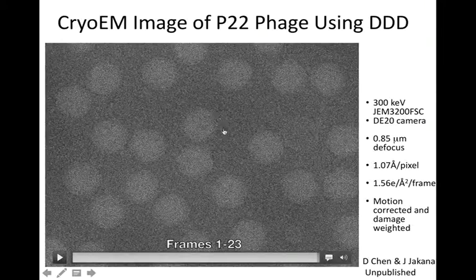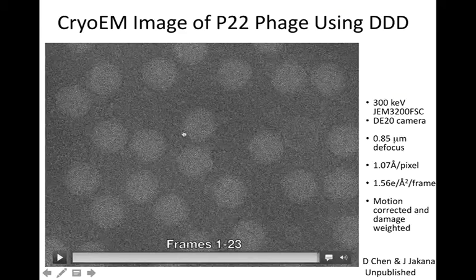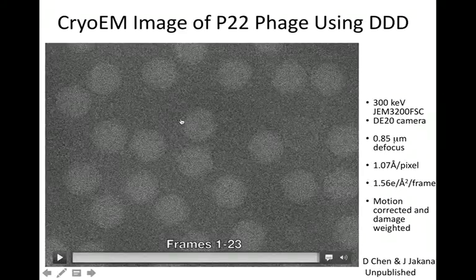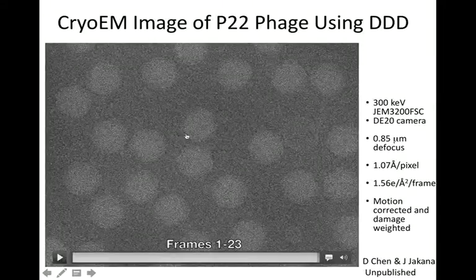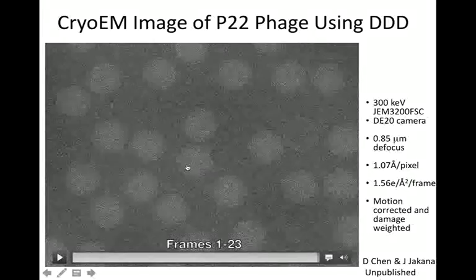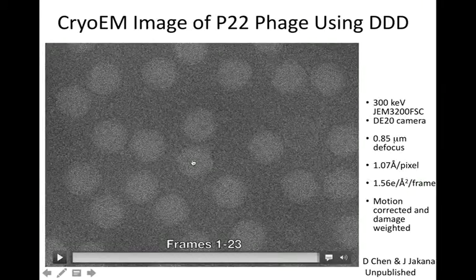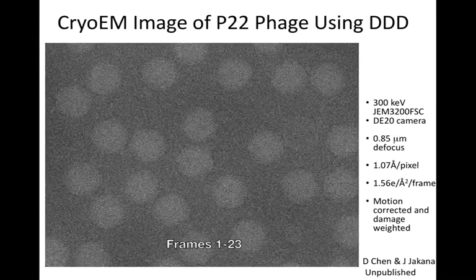With these types of high contrast images, it allows us to determine what we call the orientation of each of these particles much more readily. By orientation, I mean the centers of the particle and also the Euler angles of the particle.